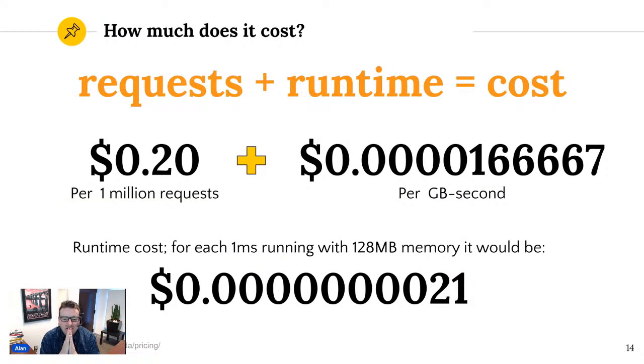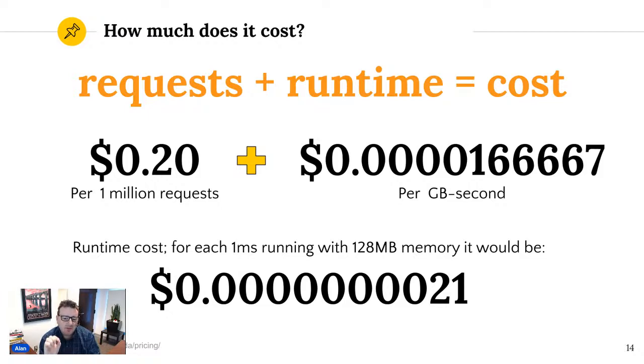So we talked about cost, and let's have a quick look at what cost means for functions. What we've got effectively here is the number of requests plus the runtime equals your cost, okay? So in the Amazon world, 20 cents will get you 1 million requests, and that's a fixed total that keeps running along. And then you're billed effectively on the amount of milliseconds that is run and the amount of memory that you've allocated to your function, right?